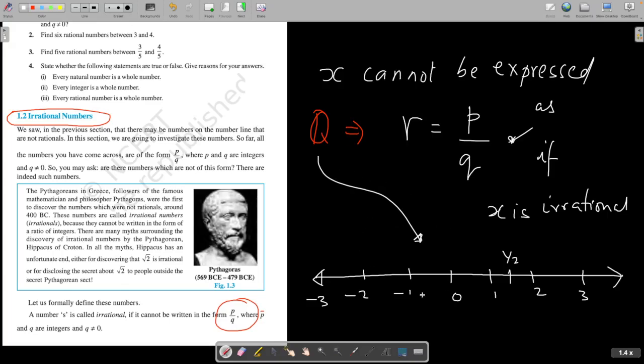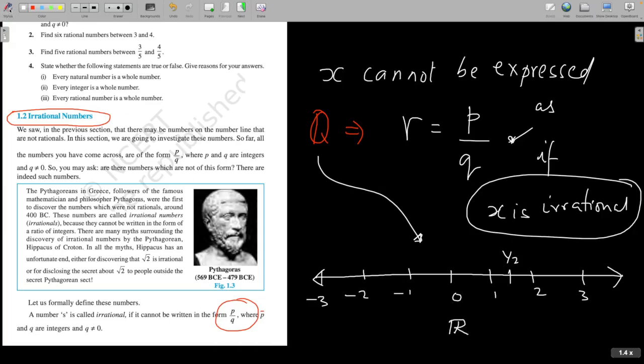And now the rest of the numbers on the number line are irrational. So we write the number line as r, and r is basically the rationals along with the irrationals.